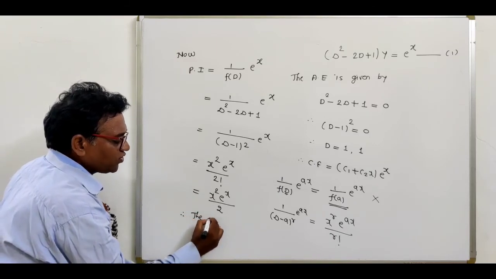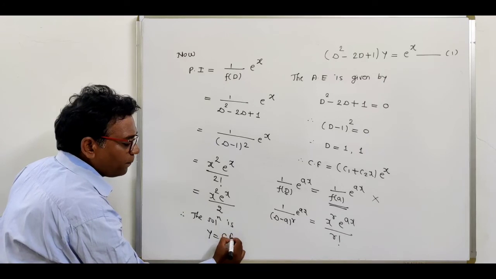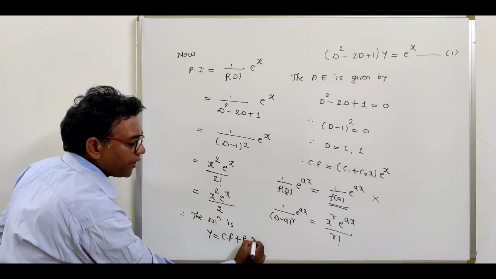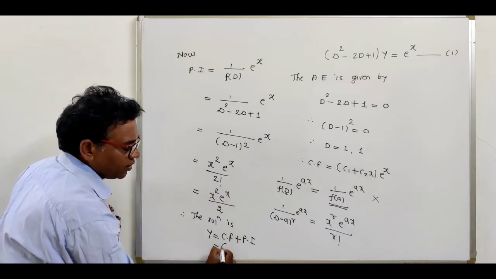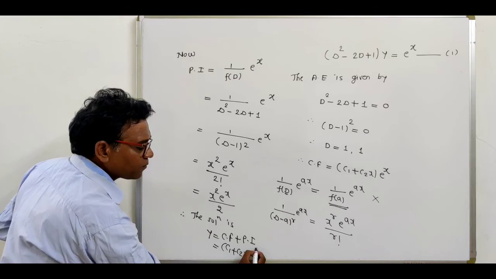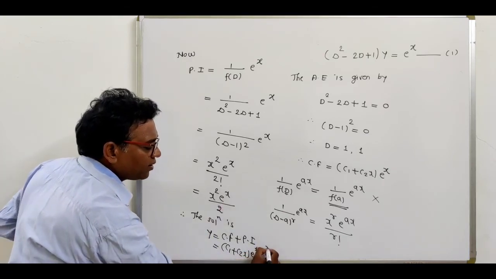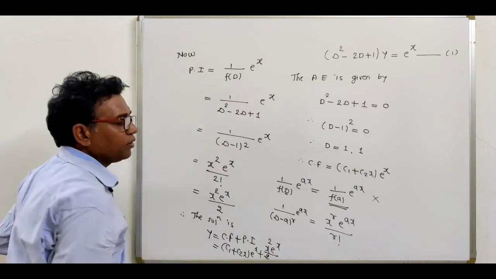Therefore, the solution is complementary function plus particular integral. Just put the values. Complementary function is (c1 plus c2x) into e raised to x, plus particular integral, which is x squared into e raised to x divided by 2.